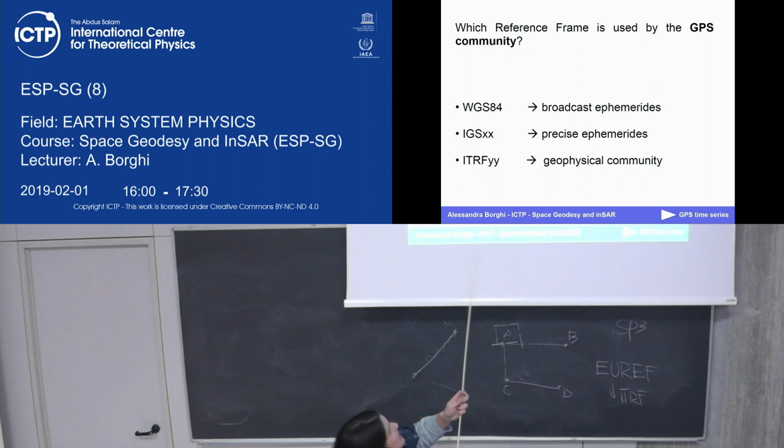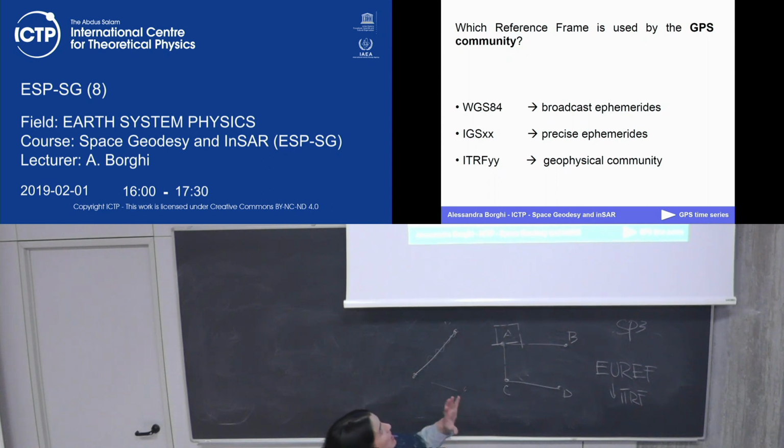Usually the GPS community uses IGS because, if you remember, in the orbit file, the positions of the satellites are in the IGS reference frame: IGS05, IGS14, like now, and so on.